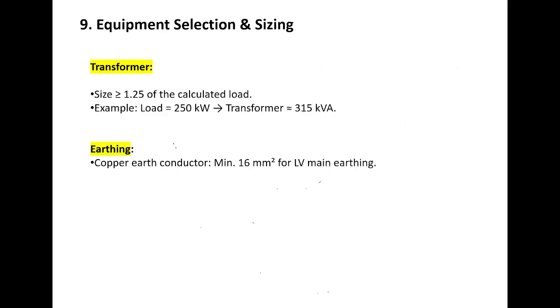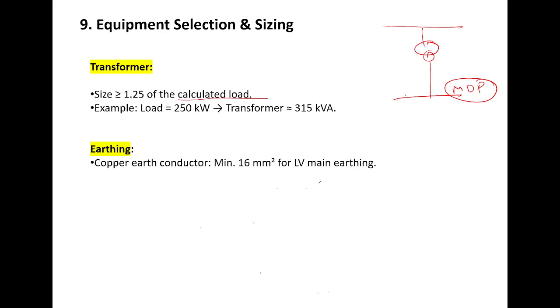Now coming to the transformer, you should select the size of your transformer also with 25% additional over your connected load or demand load. For example, if this is my POC, this is my transformer, and this is my main distribution panel.